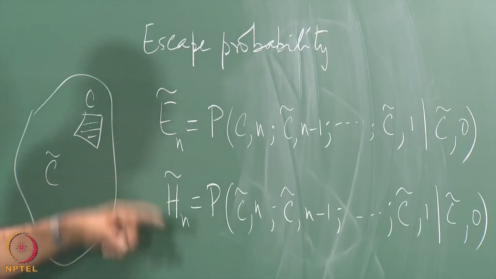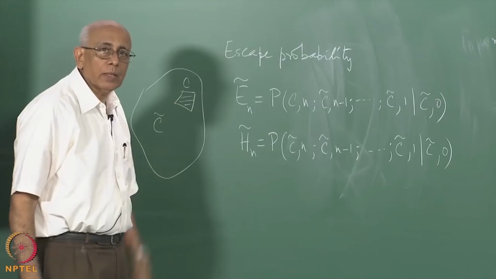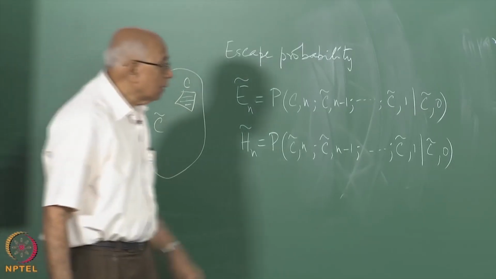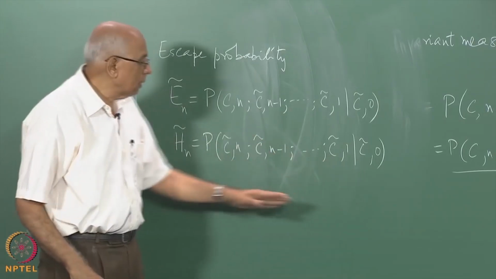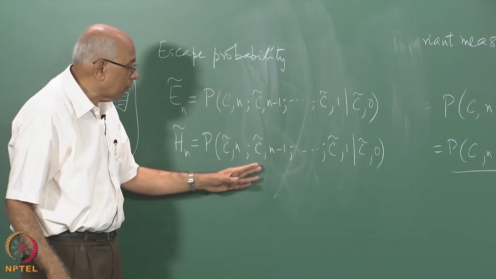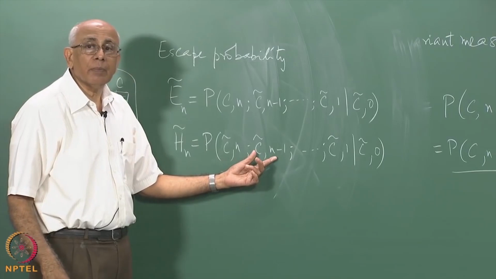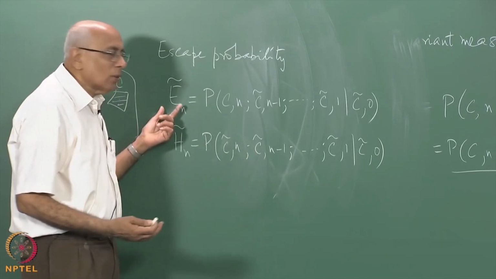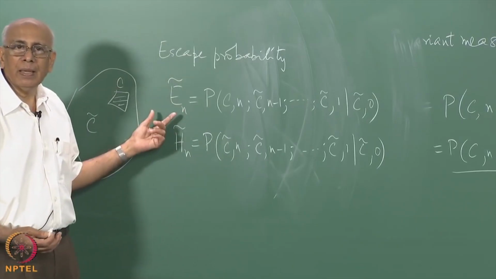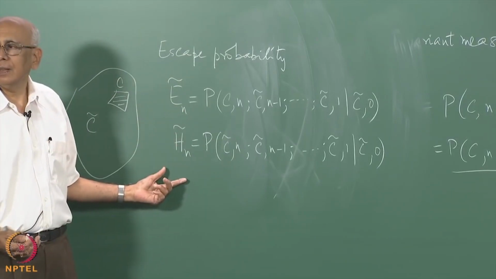Now what happens if you sum these two probabilities, these two conditional probabilities? Well, given that you are in C tilde at 0, and then you are asking for the probability that you are in C tilde till n minus 1, and what can happen in time n? Either it can go out and be in C, or it can stay in C tilde.